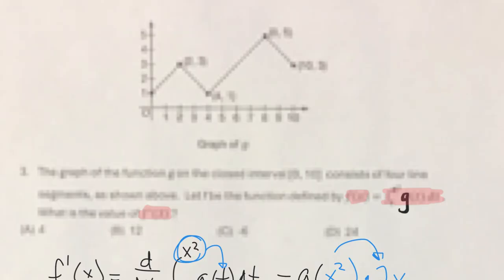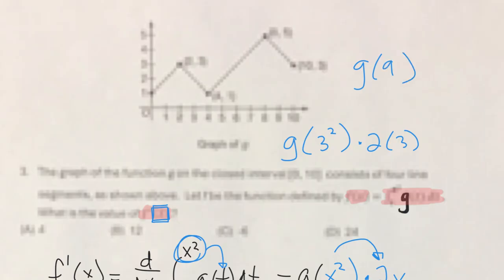Okay, and what is our x value? Our x value is 3. So we want what is g of 3 squared times 2 times 3. So g of 9 times 6. What is g of 9? G of 9 is 4.